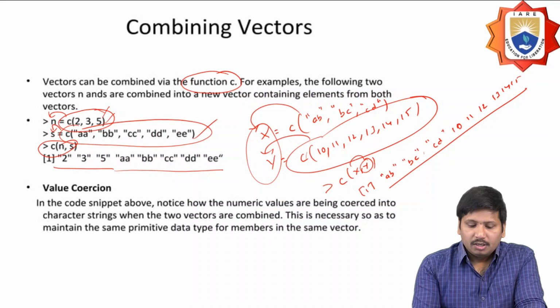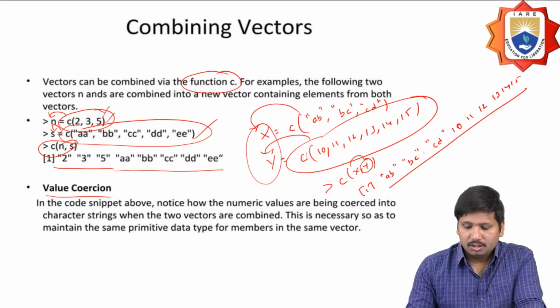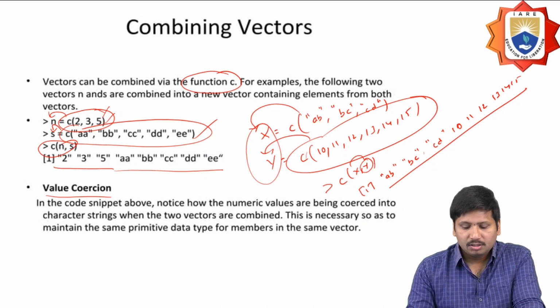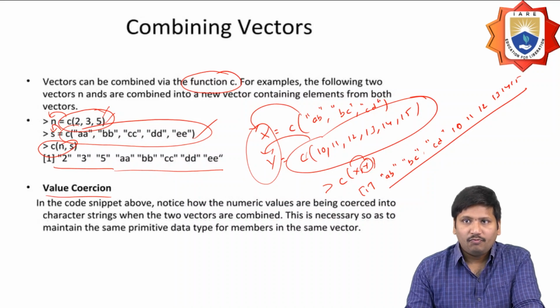And the next one is value coercion. What is value coercion? The numeric values are going to be coerced into character strings when two vectors are combined. This is necessary so as to maintain the same primitive data type in the same vector.